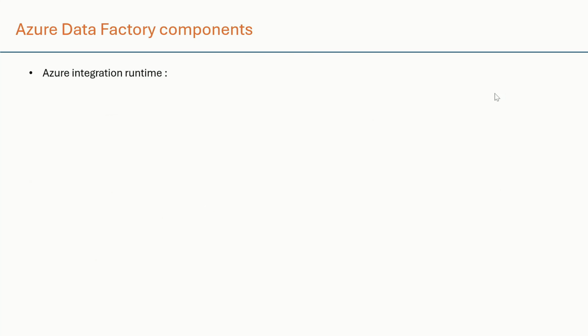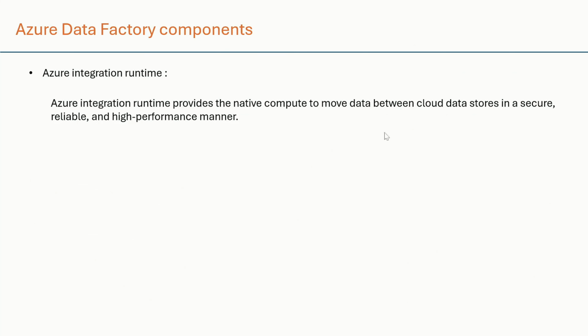Also there is another integration runtime, the Azure integration runtime. You use it when you want to move data between cloud stores. Let's say you have data in an S3 bucket in AWS, or you want to transfer it to Azure Data Lake Storage. There we can easily use the Azure integration runtime. That is between the cloud data stores itself.